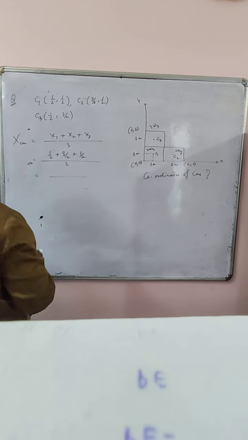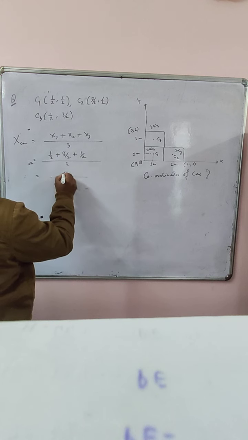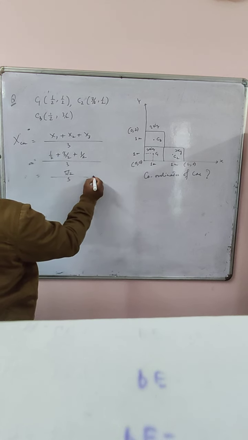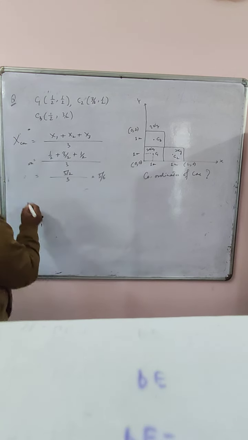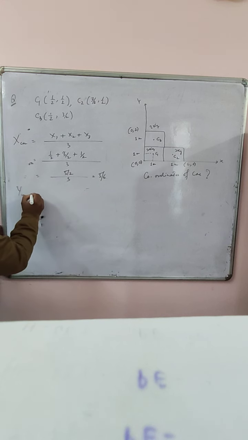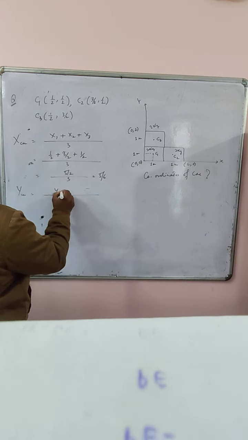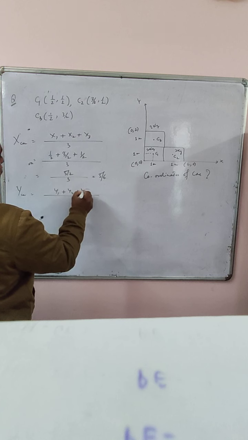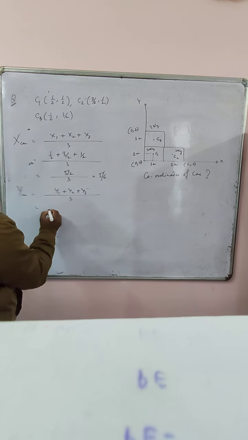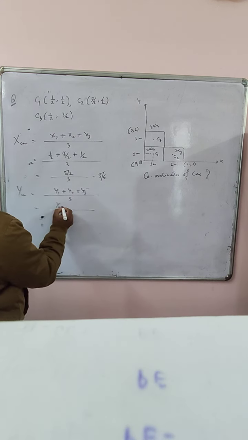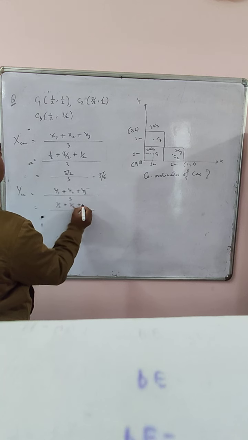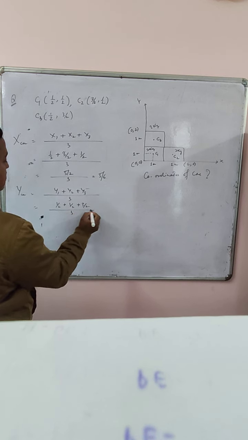So it will be 5 by 2 by 3, which is 5 by 6. Similarly, you find YCM, which is Y1 plus Y2 plus Y3 by 3. Y1 is half, Y2 is half, Y3 is 3 by 2, divided by 3, which is also 5 by 6.